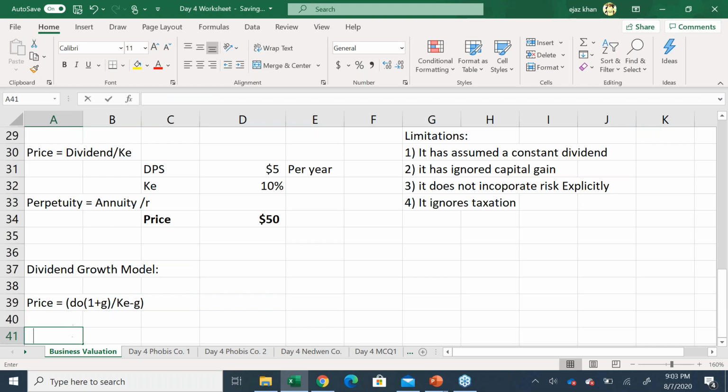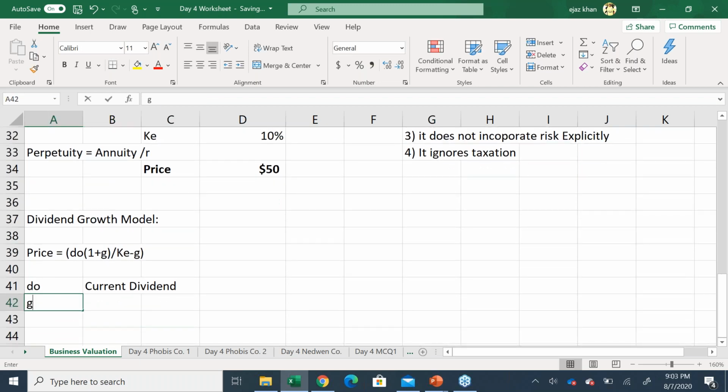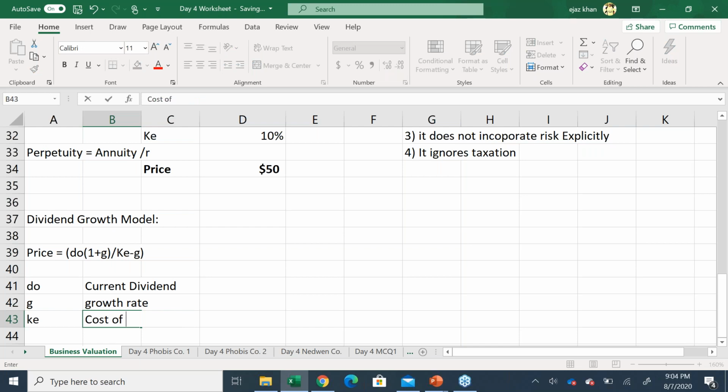Where D naught is basically the current dividend, that is the recent dividend paid. G is the growth rate in dividend. KE, you all know, is the cost of equity. Now remember an important thing.